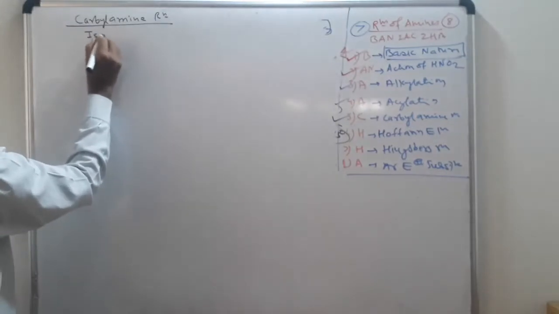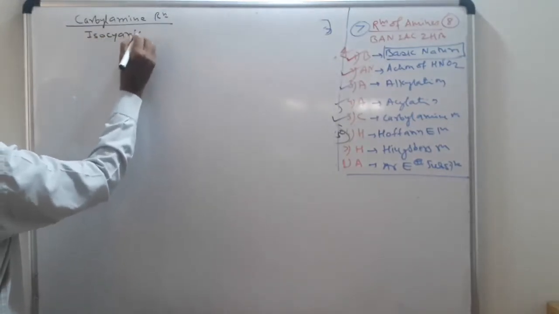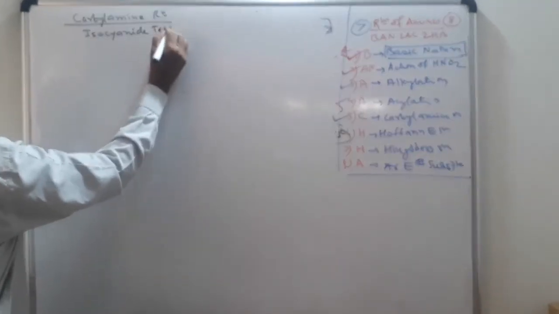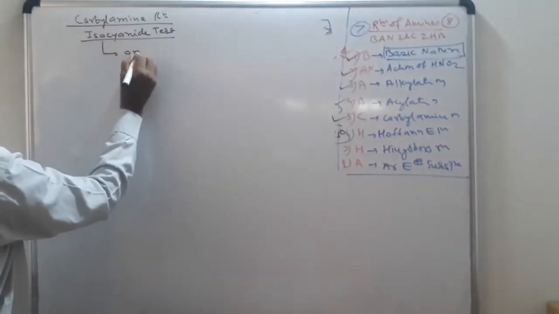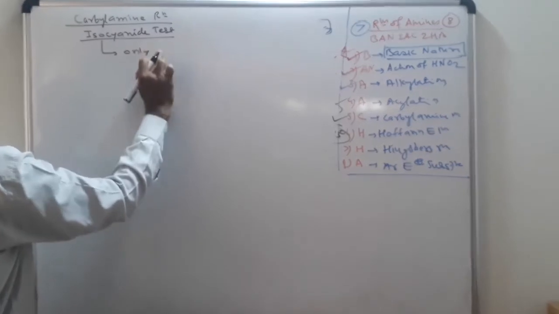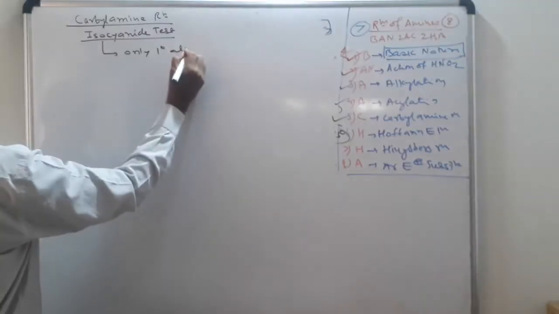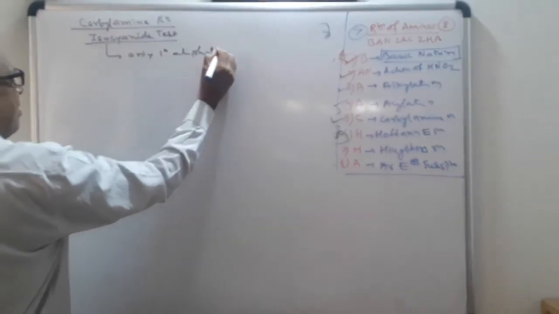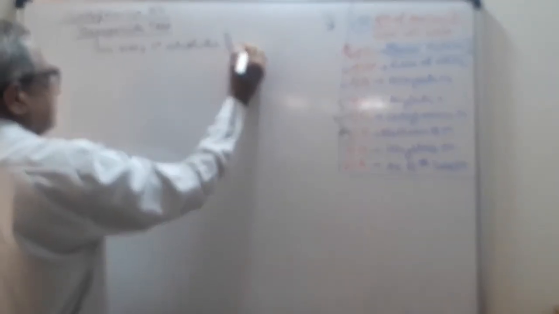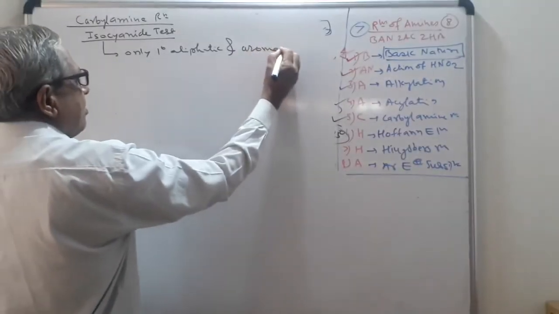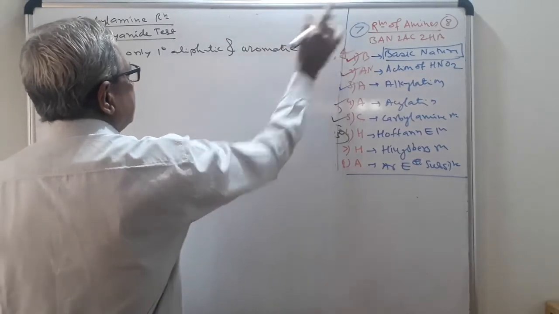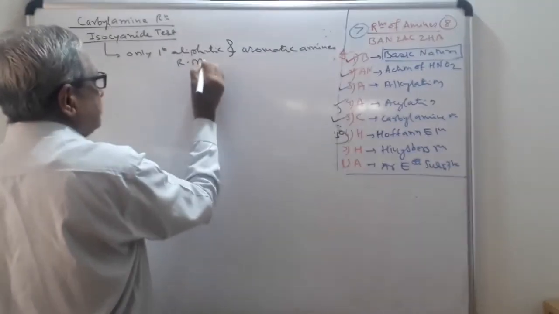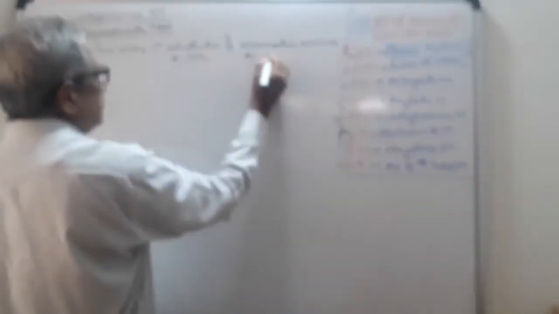It is also known as the isocyanide test. It is a laboratory test. It is shown by only primary aliphatic as well as aromatic amines. That is, it is shown by RNH2 and ArNH2.